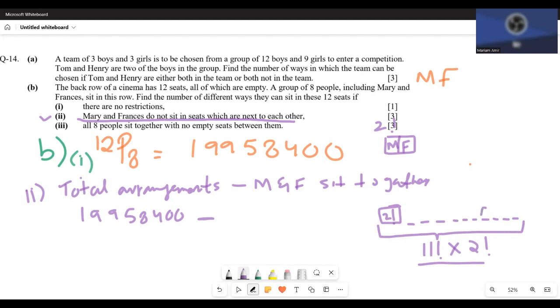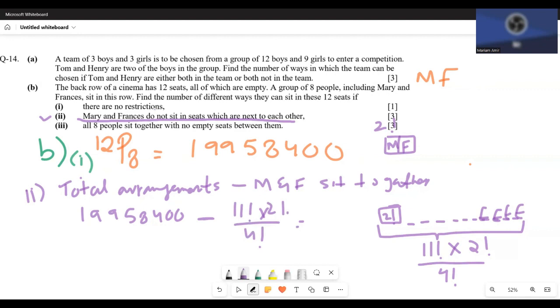Let's say this is empty, empty, empty, and empty, so that there are four empty seats. So 4 factorial. So subtract this from: 11 factorial times 2 factorial over 4 factorial. Whatever is the answer, you subtract these two.